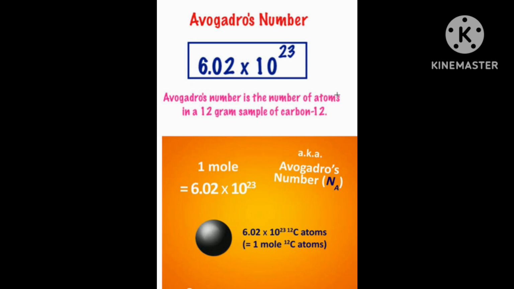If you have pencils in this number, 1 mole of pencils. If you have 1 rupee coins in this number, then 1 mole of 1 rupee coins. If you have 10 rupee notes, or 100 rupee notes, or 500 rupee notes in this number, that is 1 mole of notes. This is the number.